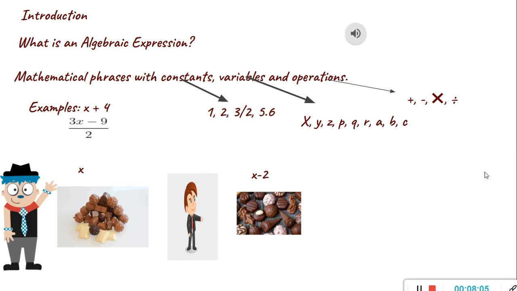Yes, it's an expression, because x is what? x is nothing but 1x, that is 1 into x. So 1 is a constant, x is a variable and into is an operation. Right? So an expression may not evidently have a constant and an operation, but it is still an expression. Okay? So this is called algebraic expressions. Clear?